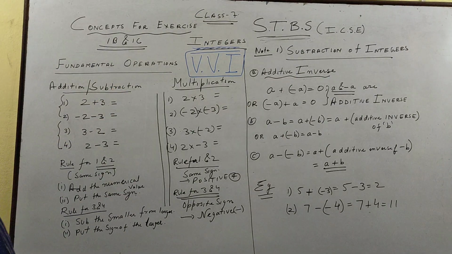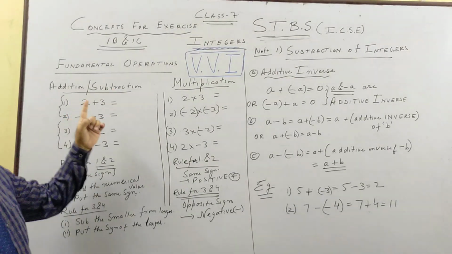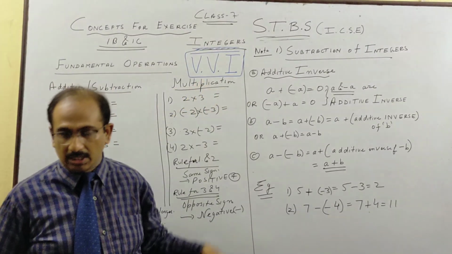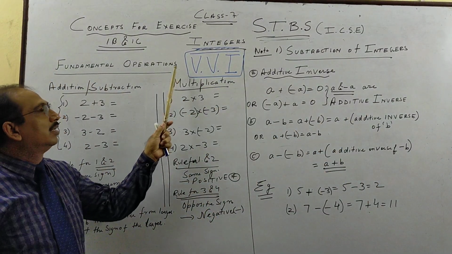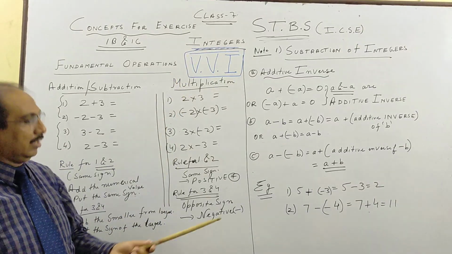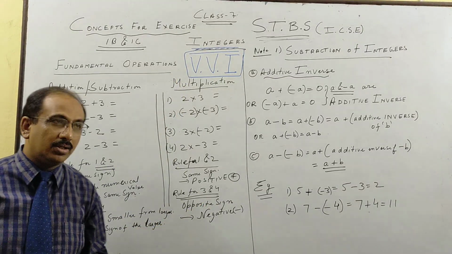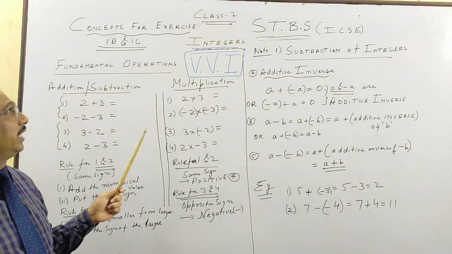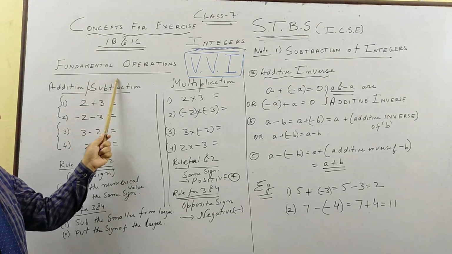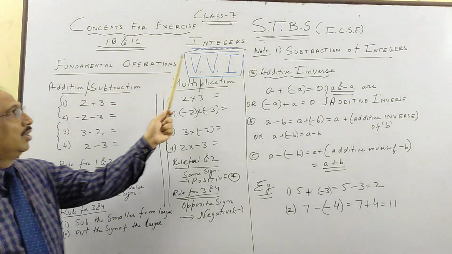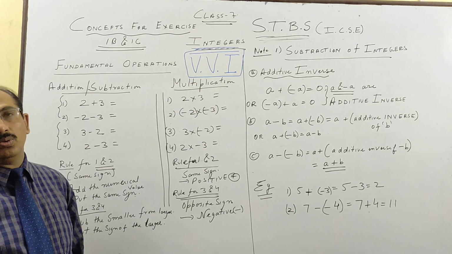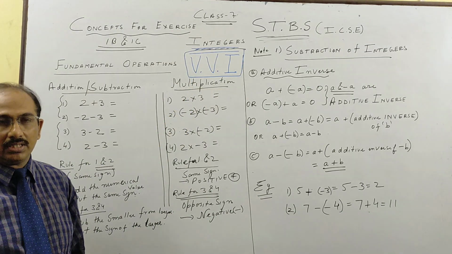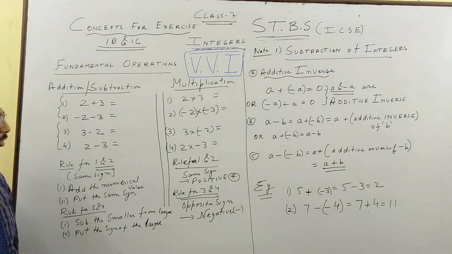Today we are again going to do something very important. If you see, we have these integers which we did yesterday, but today I am going to recap 4 fundamental operations on integers. So integers, as you know, are negative numbers, 0 and positive numbers.